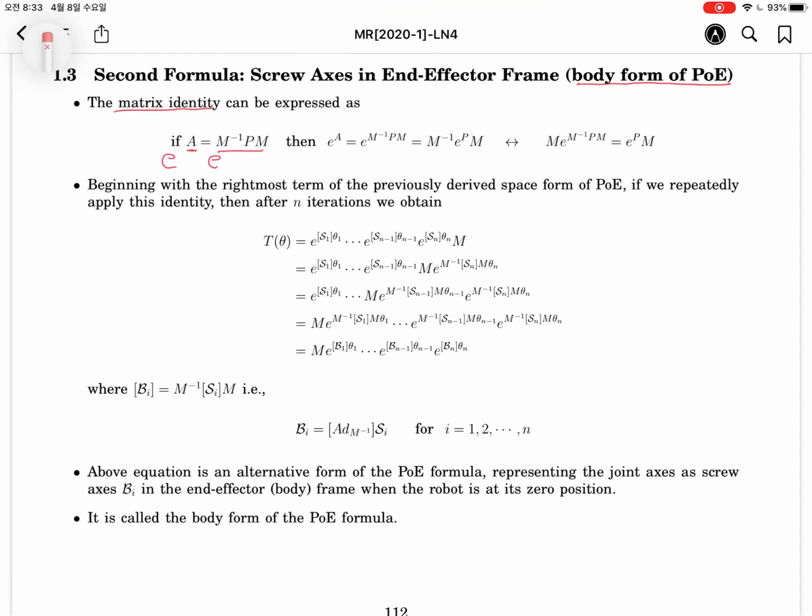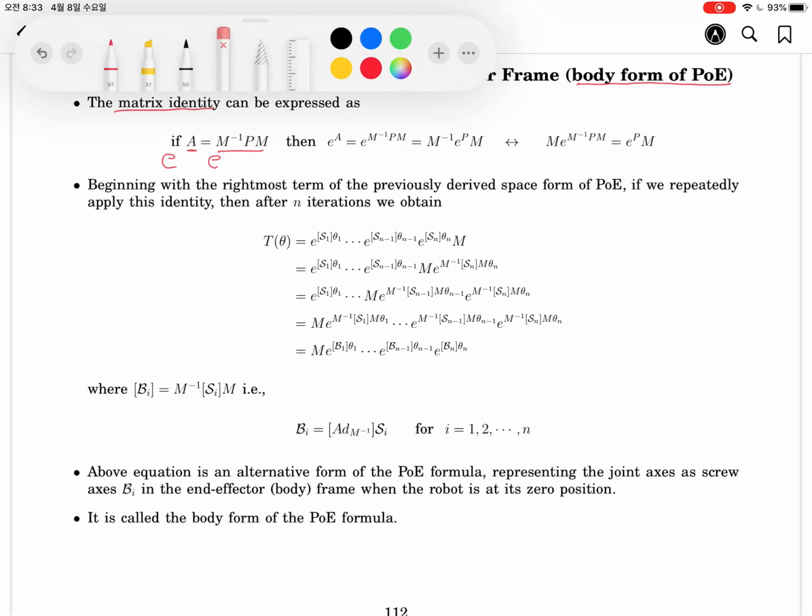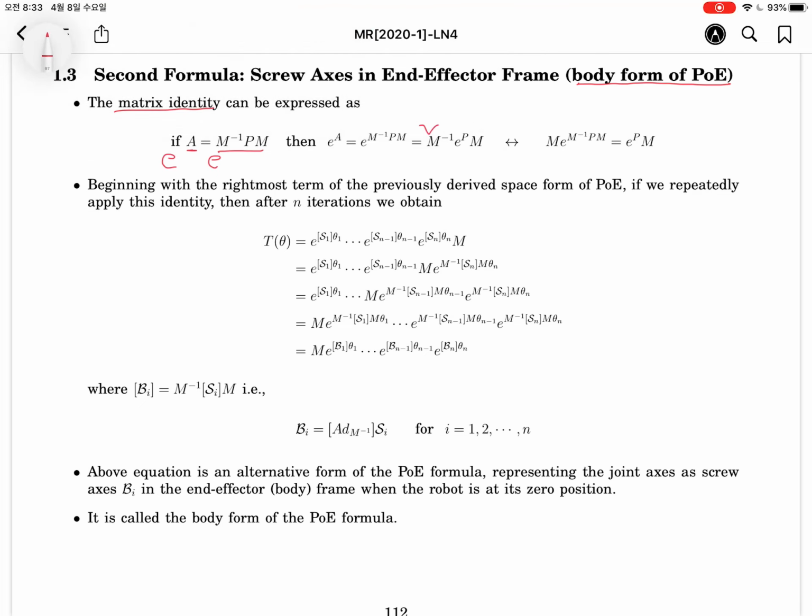So from here, let's multiply the M matrix in front side here and here, M and M. Okay, then we have this matrix identity. Okay, we will use it later.